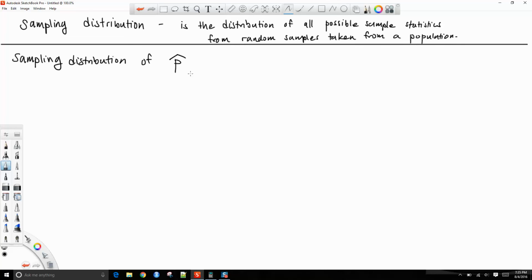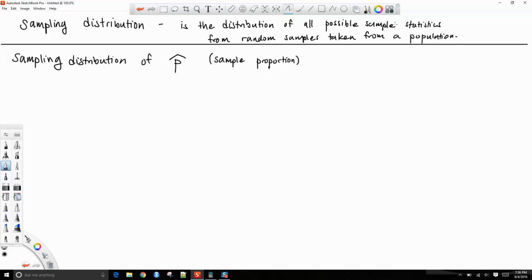What is p hat? The sample proportion. So the sampling distribution of our sample proportion would be the distribution of all possible p hat values that arise from random samples from a population.